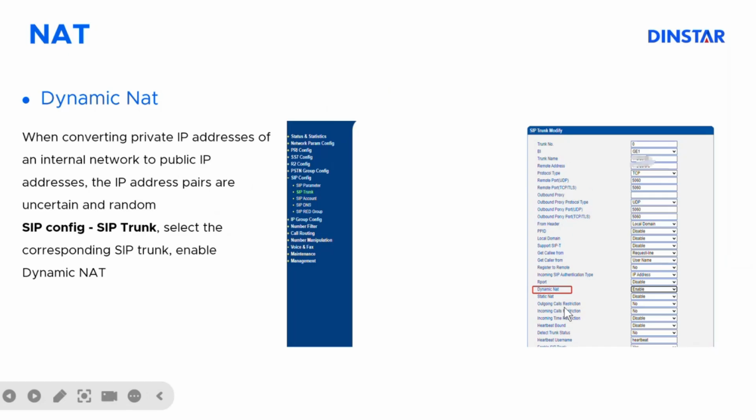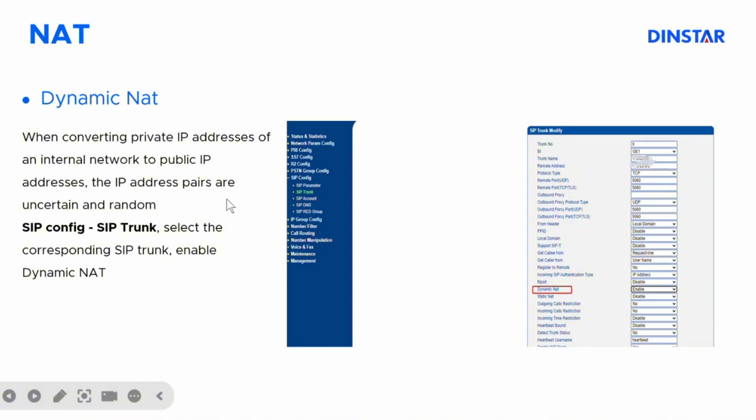Next, let's look at the dynamic NAT. In some environments, there is no fixed public IP, right? The public IP may change dynamically. In this case, we can use dynamic NAT, which allows the MTG to automatically detect and update the NAT public IP.